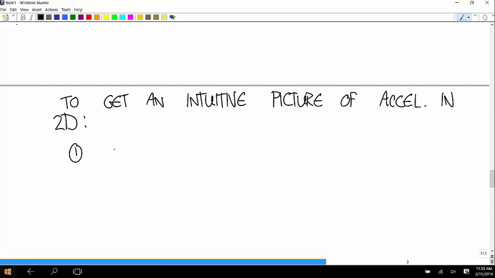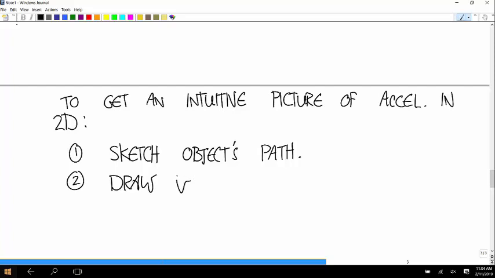So first thing is sketch the path. What's the second step? Draw the velocity vector.